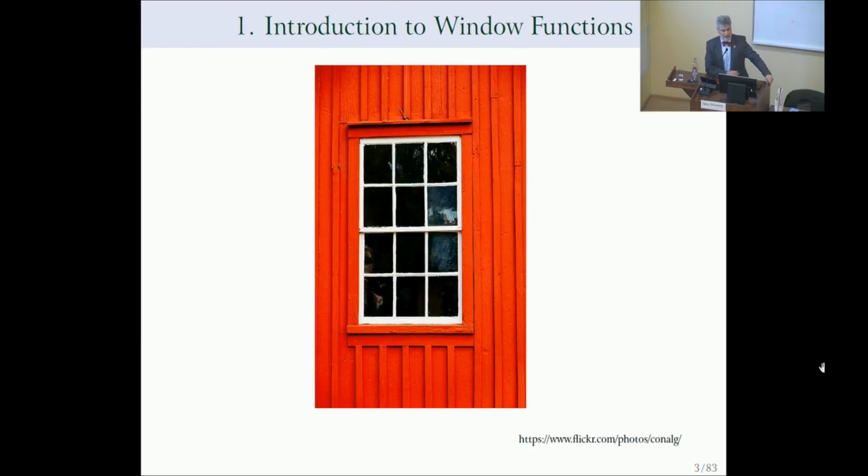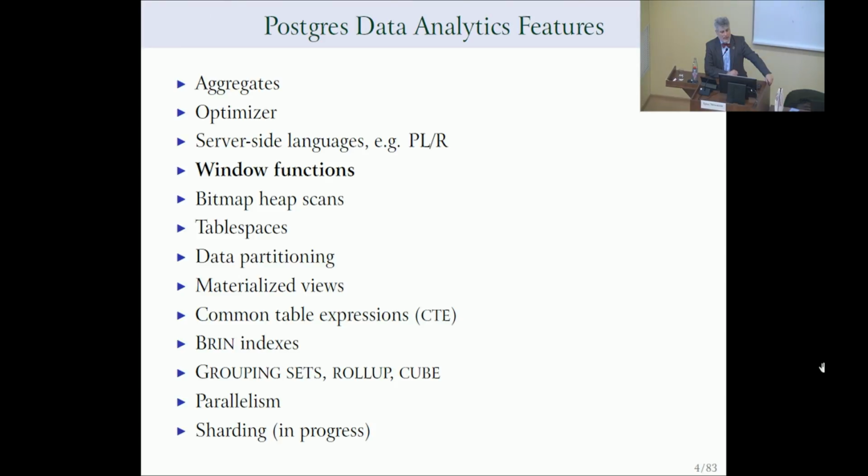So let's talk about window functions. Window functions are one part of a larger list of features necessary to do analytics in a database. So if you think of aggregate functions like count and sum, server-side languages, tablespaces and materialized views, common table expressions, things like grouping sets and parallelism and sharding.